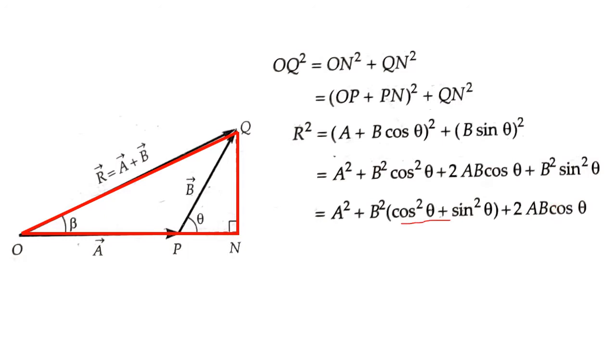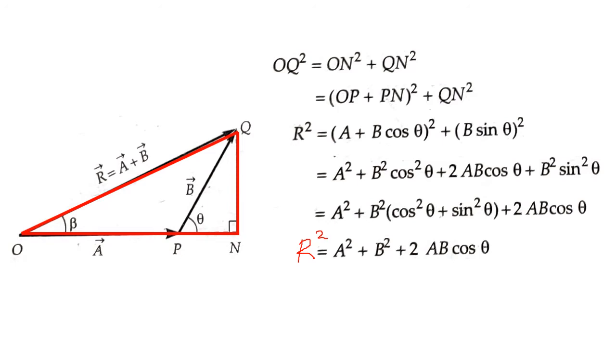What is cos square theta plus sin square theta? This one equals 1. Therefore, the only thing left is B square. So I can write A square plus B square plus twice of AB cos theta. So my R square equals A square plus B square plus twice of AB cos theta.